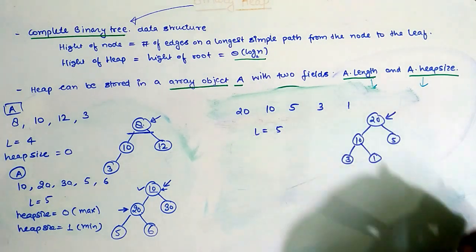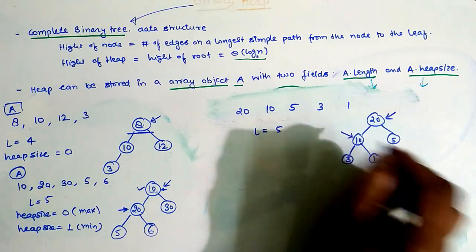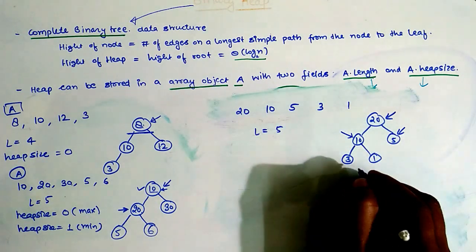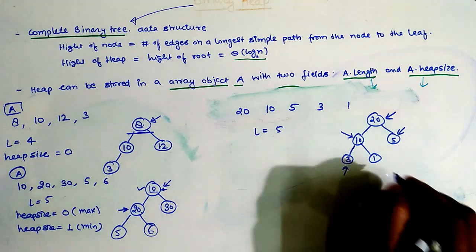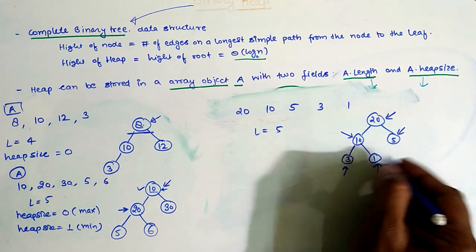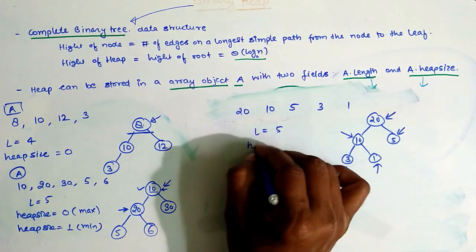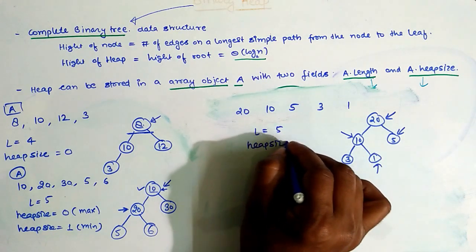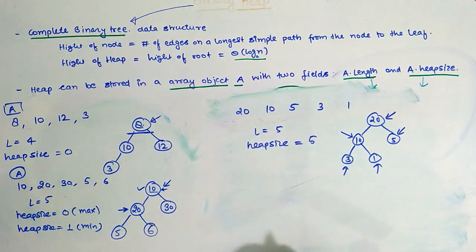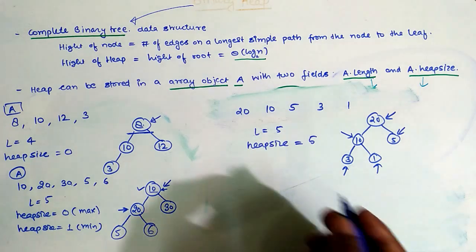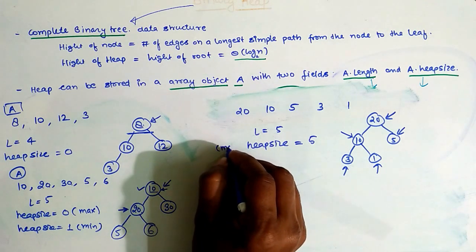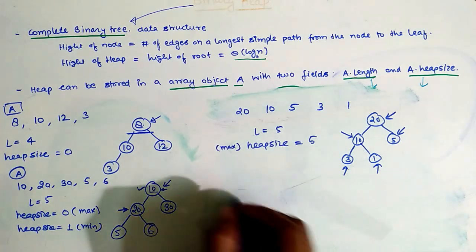At this point the heap property holds, at this point it holds, and at this point also, and at this point also. So leaf nodes always follow the heap property. If I consider it as a max heap, the heap size would be 5, because all nodes follow the heap property.